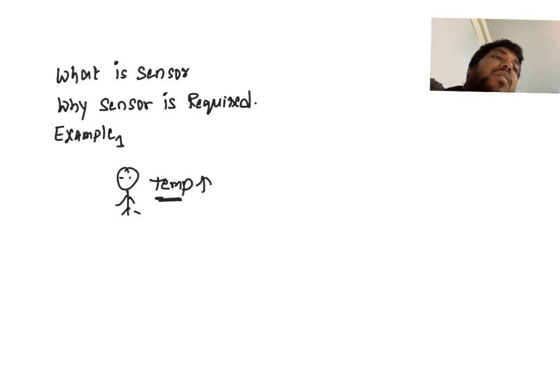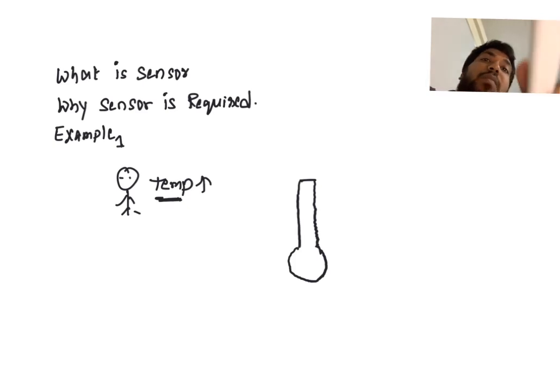Let me draw a simple diagram so that you will easily understand. How does the thermometer look? A thermometer consists of a glass bulb like this, and this is the bottom bulb of the thermometer.